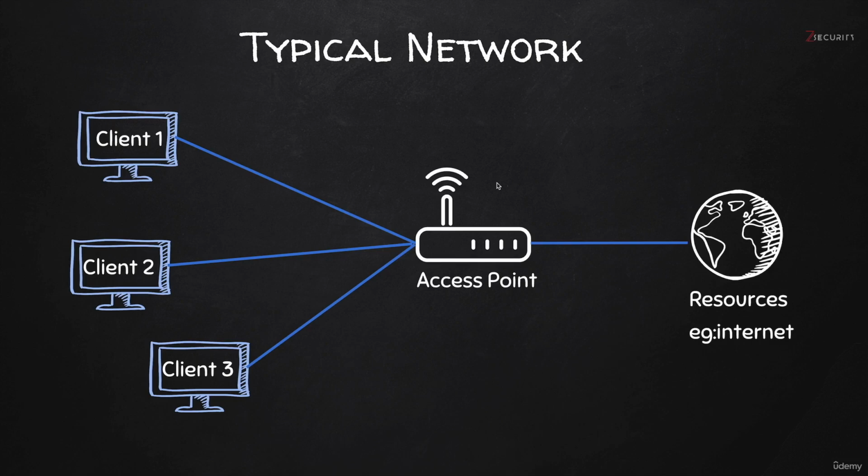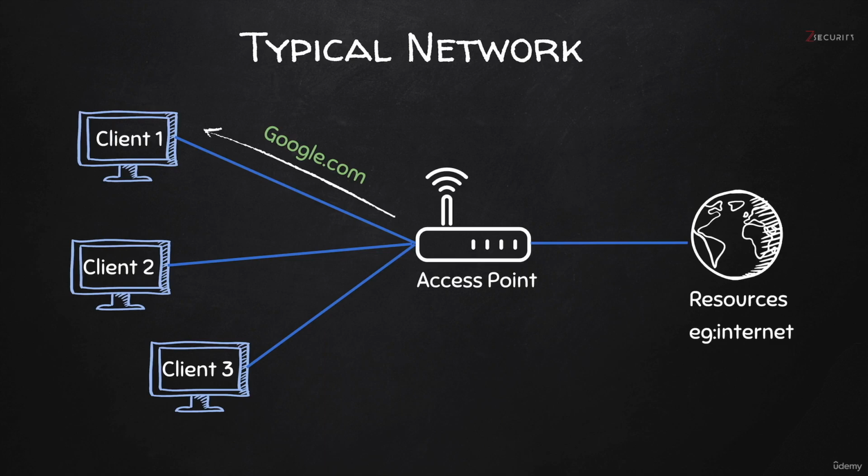Your computer will send a request to the access point asking for google.com. The access point has access to the resource, which is the internet in this example, so it's going to look for google.com. It will receive google.com and forward that response to your computer, and as a result, you will see the website loading in your browser.